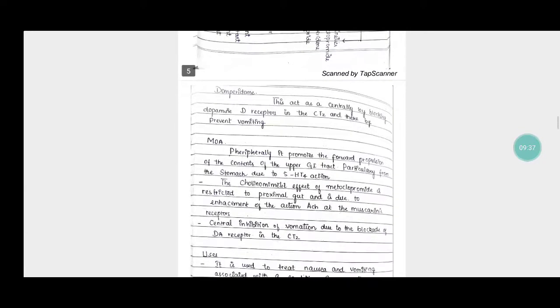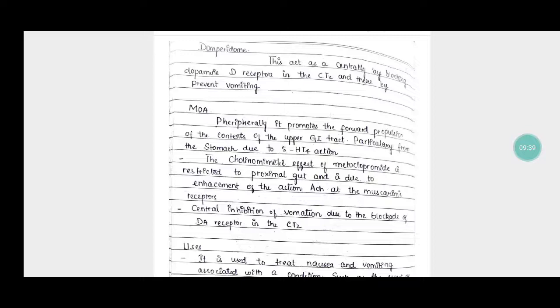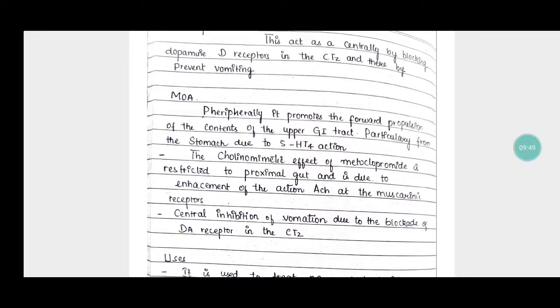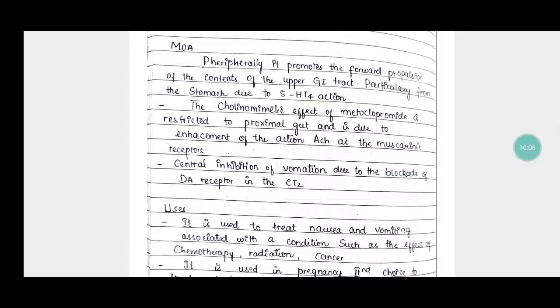So the mechanism of action for domperidone: this acts centrally by blocking the dopamine D2 receptor in the CTZ and thereby prevents vomiting, which means the chemoreceptor trigger zone. So it blocks the dopamine receptor in the chemoreceptor trigger zone and thereby prevents vomiting.